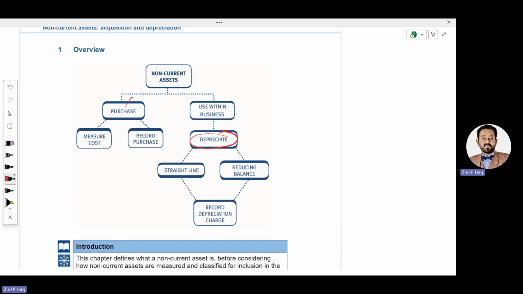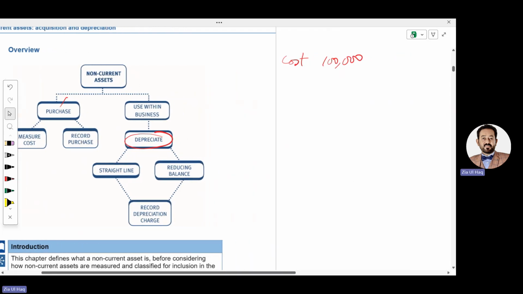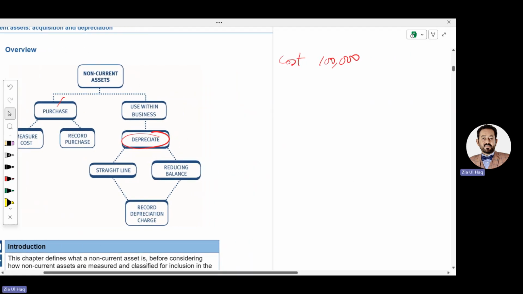Suppose we bought an asset and the asset cost is 100,000. While buying the asset, we estimate its life, like this asset will provide benefit to our business for 10 years. This means we need to depreciate this asset over 10 years.